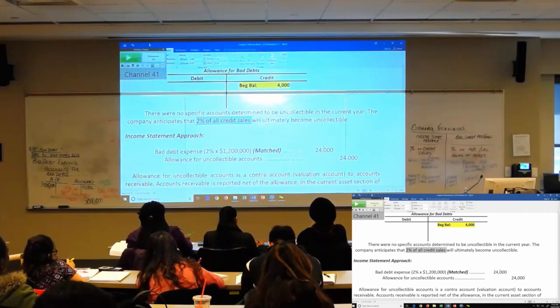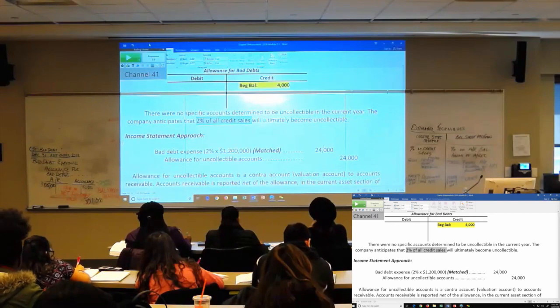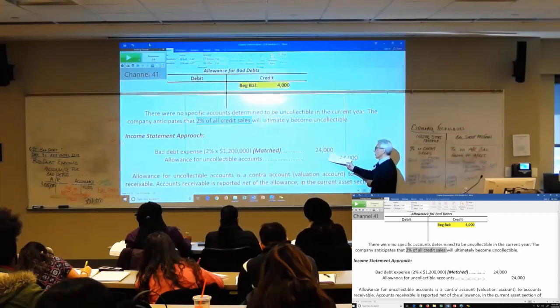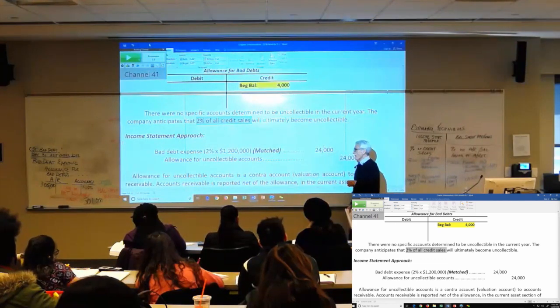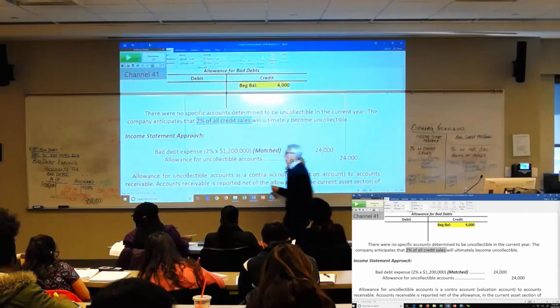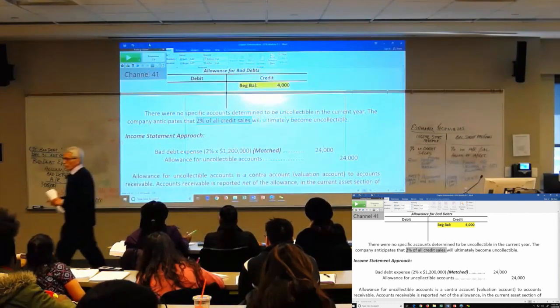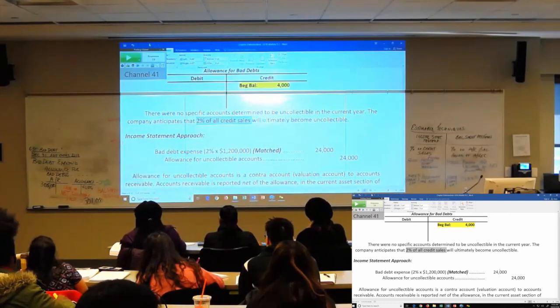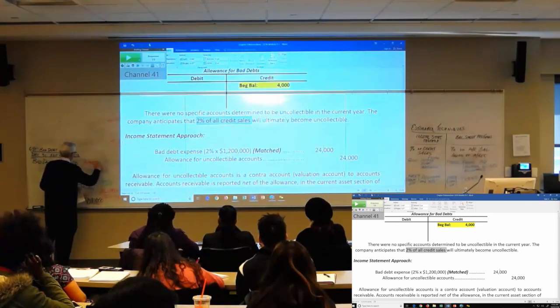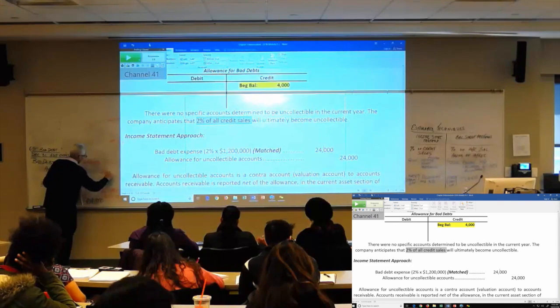You're matching or directly associating the $24,000 of bad debt expense with the revenue, and you credit the allowance. The focus is on the expense. So again, you don't have to copy this down. I just want to give you the visual. You'll see the T accounts in a second. But again, you're going to debit the bad debt expense. You're going to credit the allowance for 24.